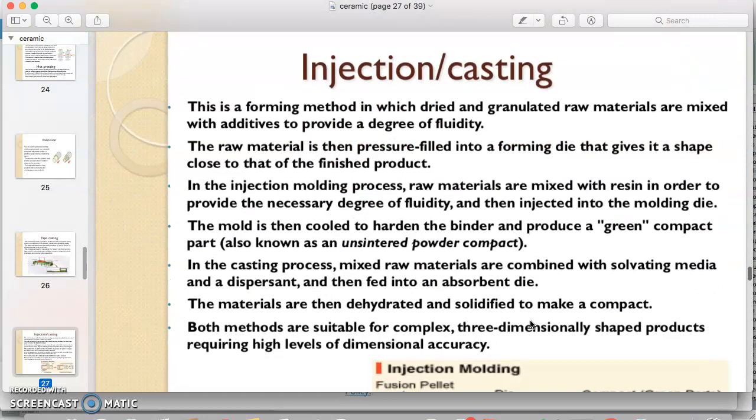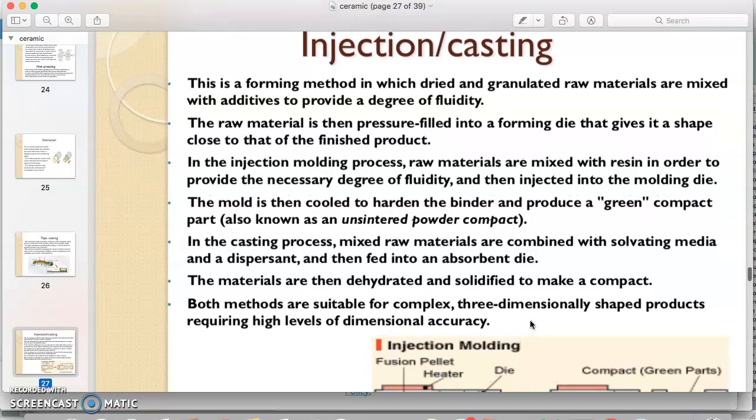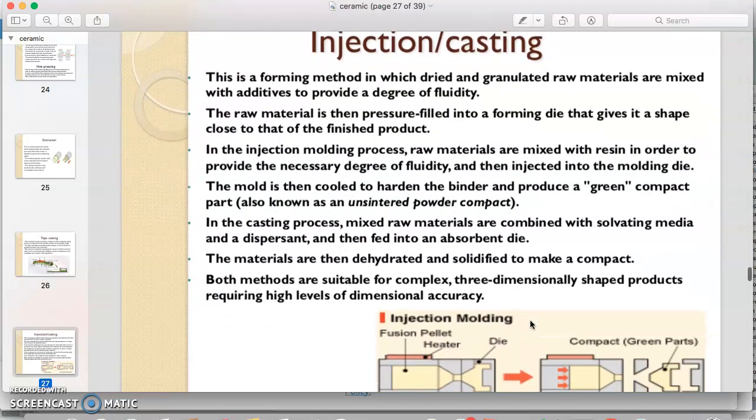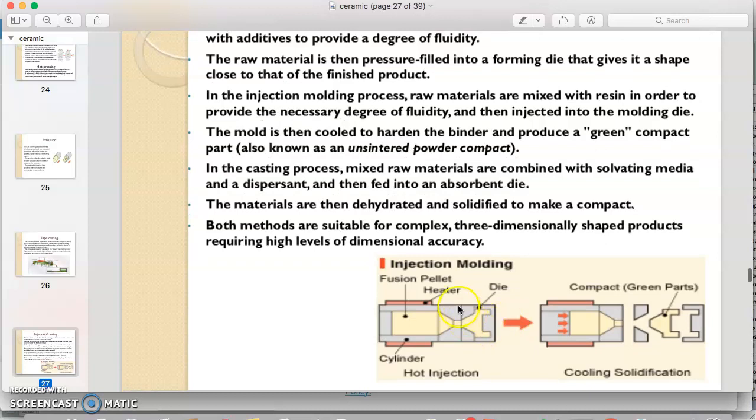Okay. For the injection casting method, the ceramic slurry is pushed from behind, moves to the nozzle and enters the die cavity. After the cooling process, the die will open and we can remove the part.